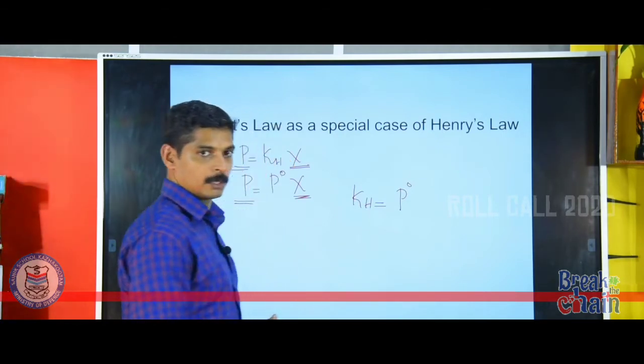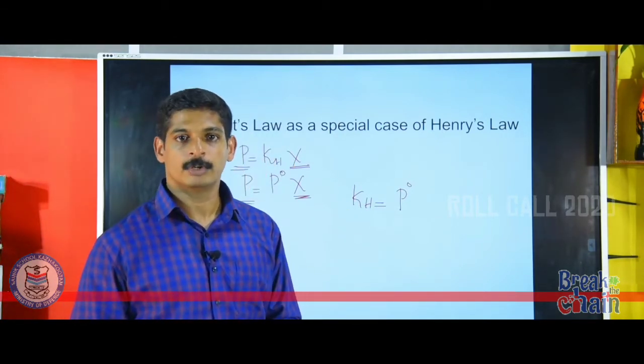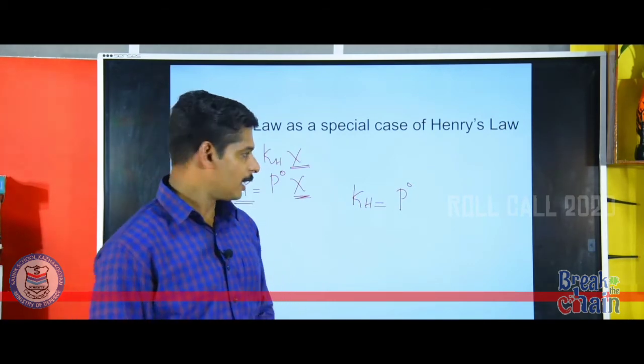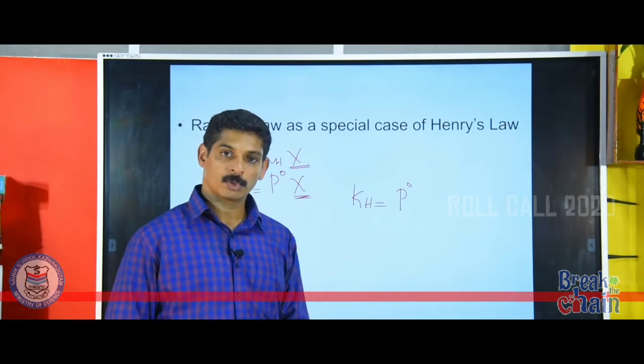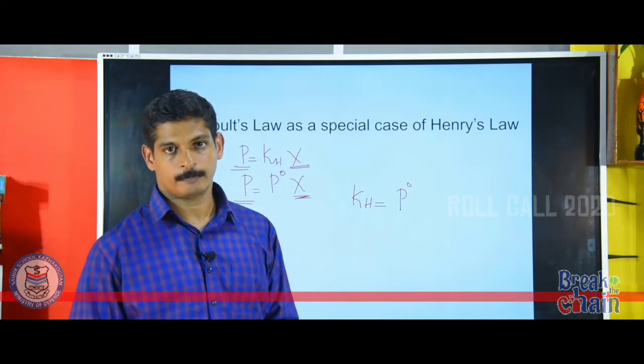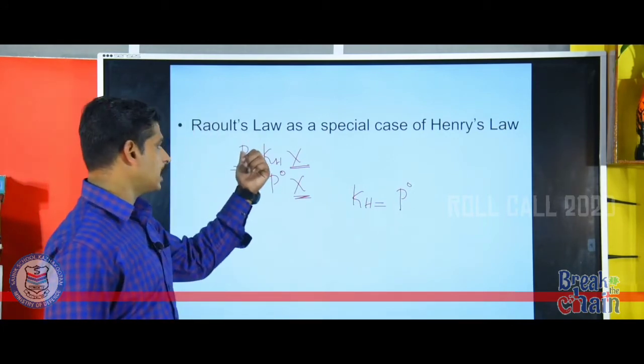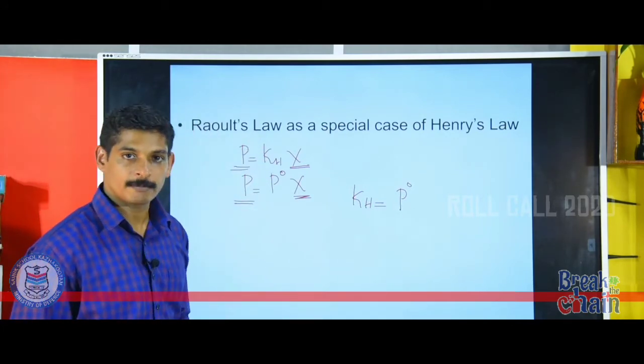What is Kh? Kh is nothing but Henry's constant for a particular gas. And P0 is nothing but the vapor pressure of a particular liquid. When these become equal, we can say Henry's law and Raoult's law are the same.